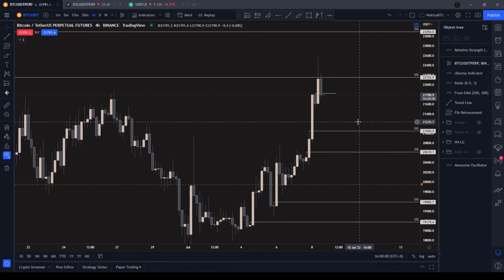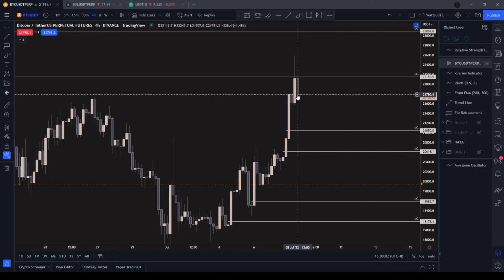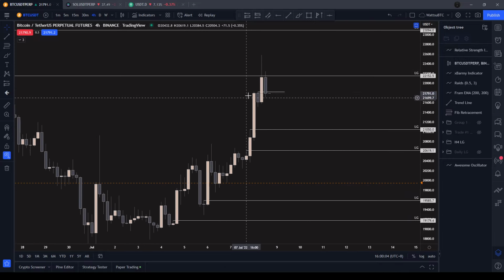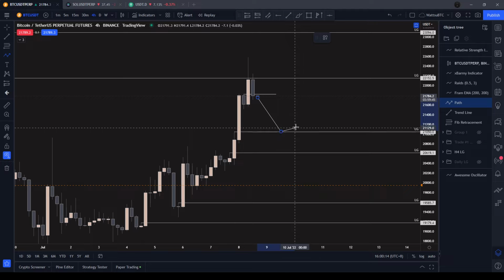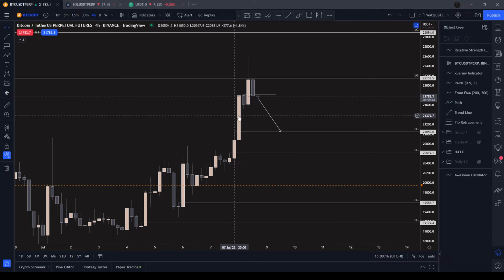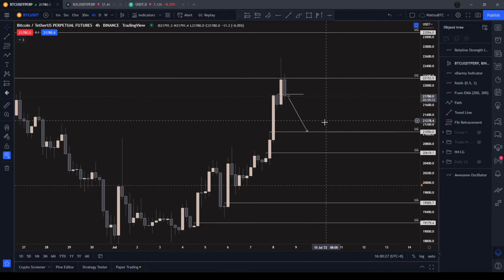Okay, we're back. Since the H4 candle did close below this liquidity gap, we're expecting a continuation of the move until here. Then we're going to expect this level to be protected for now.